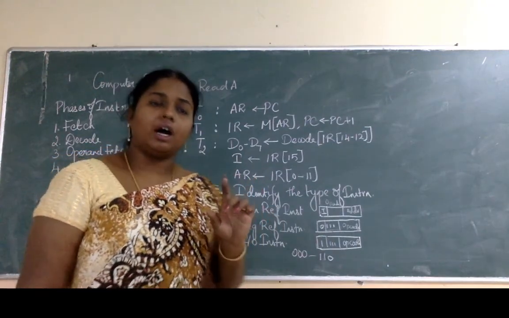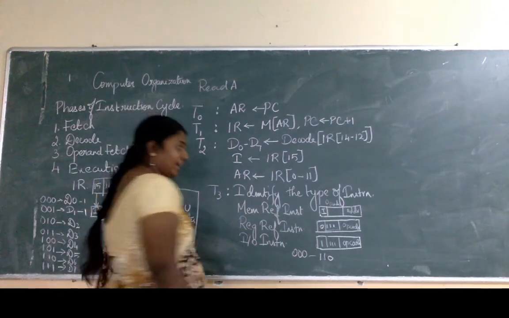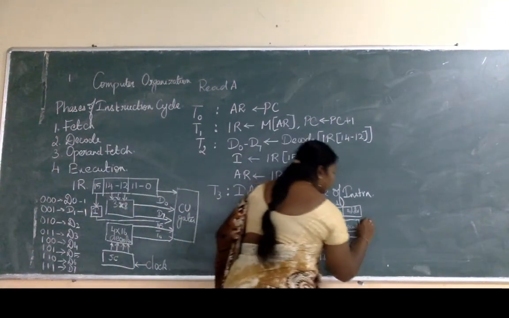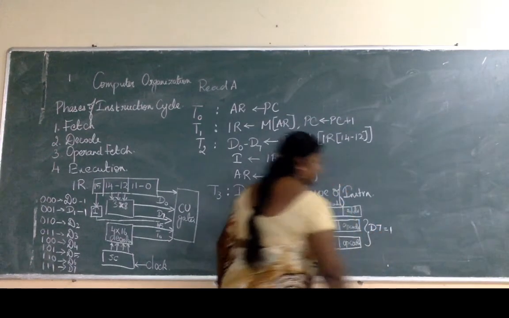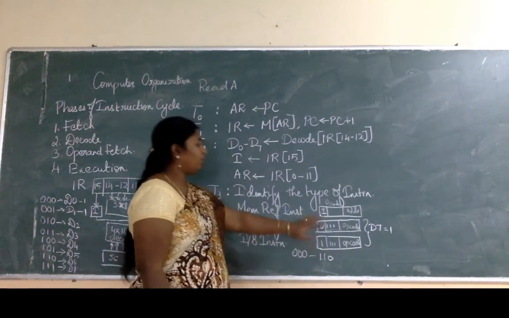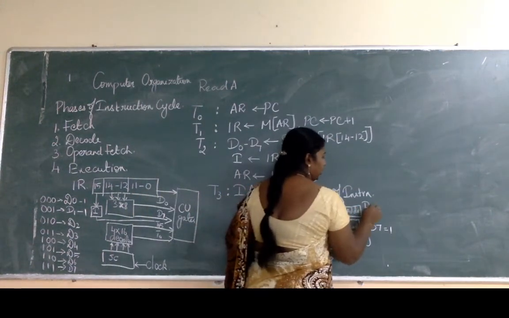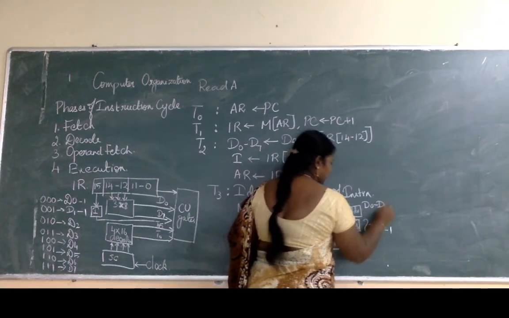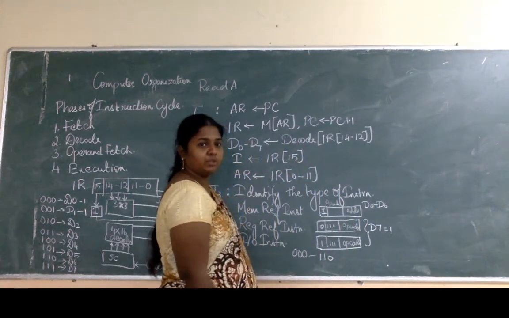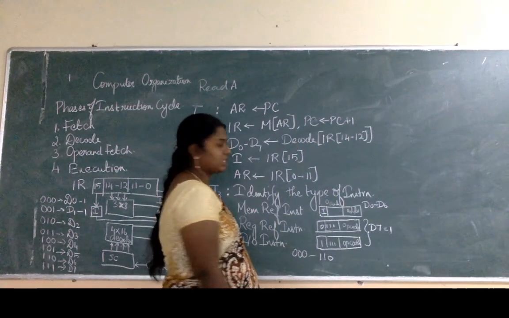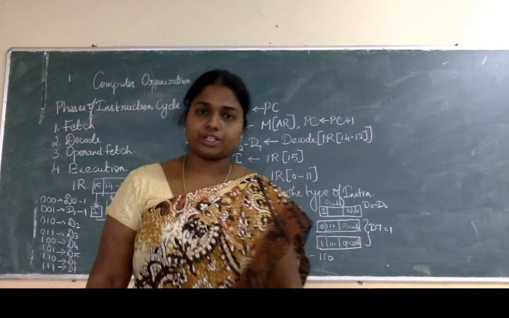So a register reference instruction or an IO instruction can happen only when the value of D7 is 1. And for any other value, D0 to D6, it will be only a memory reference instruction.